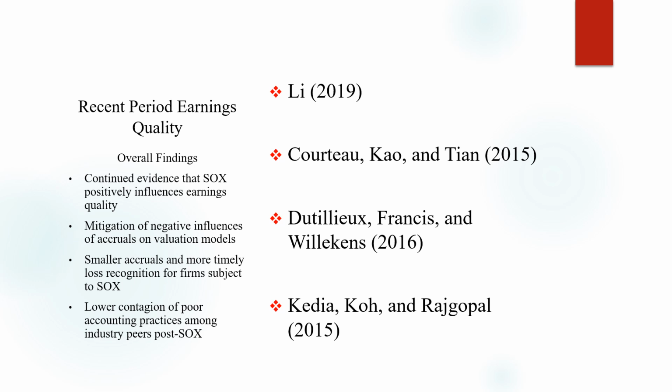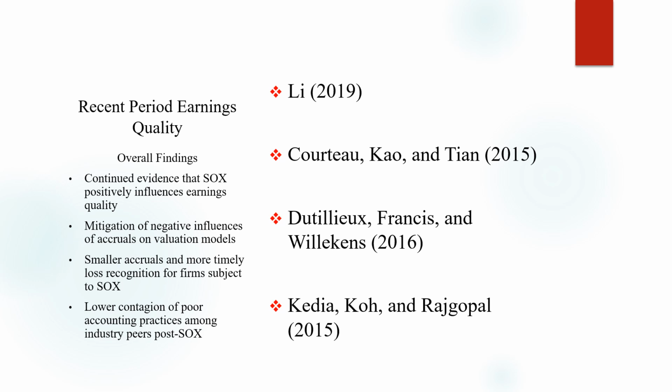And the Ditelou, Francis, and Willikins 2016 paper, which is very similar to the Singer and Yu paper which was listed earlier in the early time period. They looked at Belgian firms, subsidiaries in Belgium, which were owned by U.S. companies versus those which were not. So basically looking at, once again, subsidiaries which were subject to Sarbanes-Oxley versus those which were not.